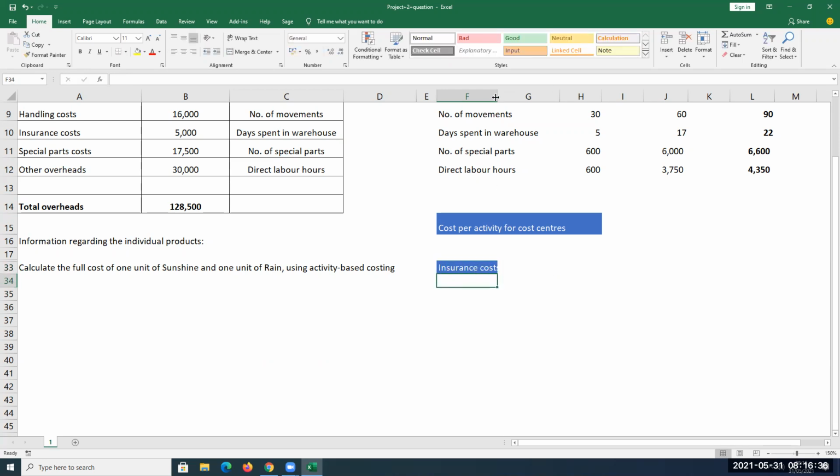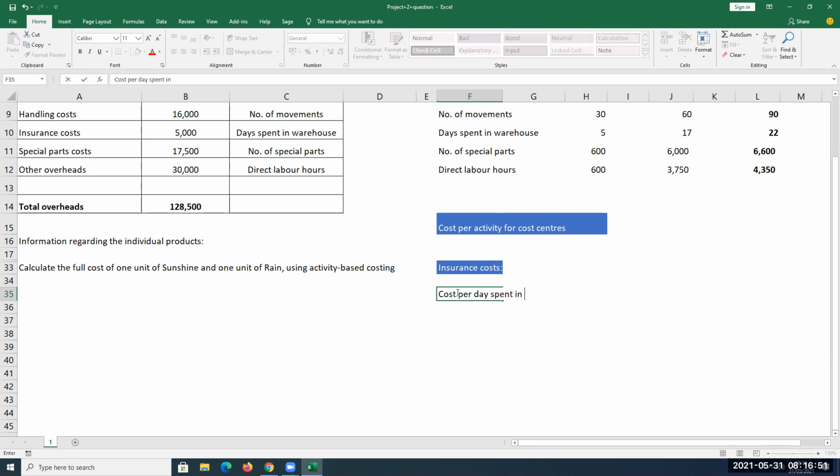Insurance costs. So insurance cost is 5,000, and the cost driver is days spent in the warehouse. So I can say that this is the cost per day spent in warehouse.